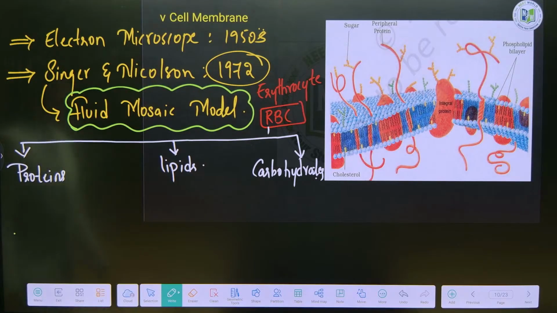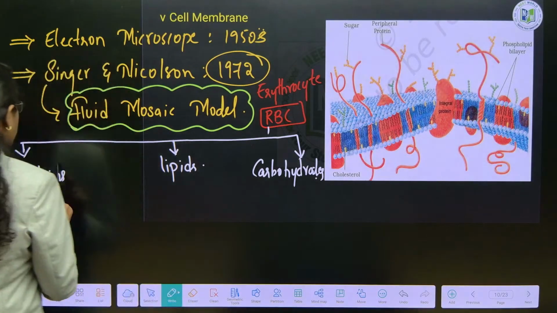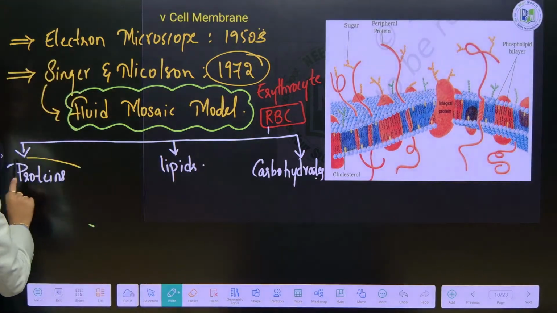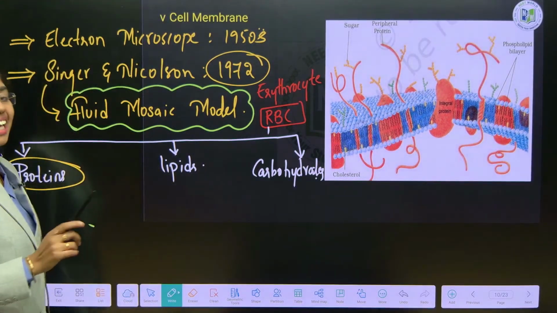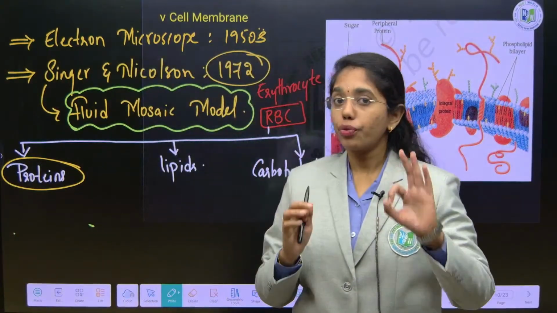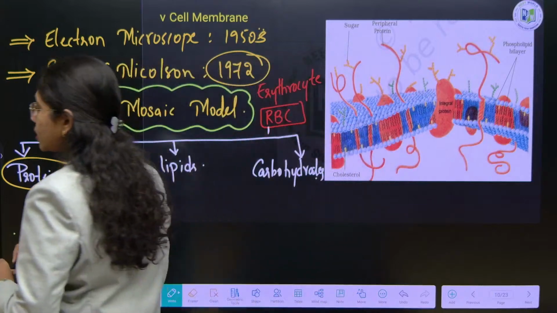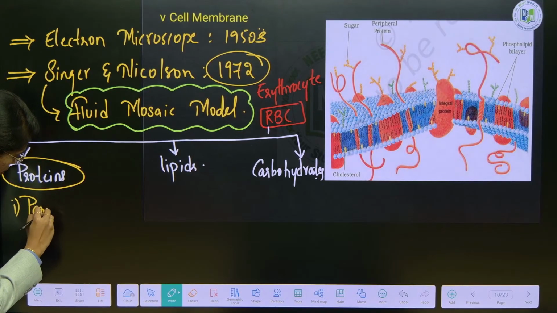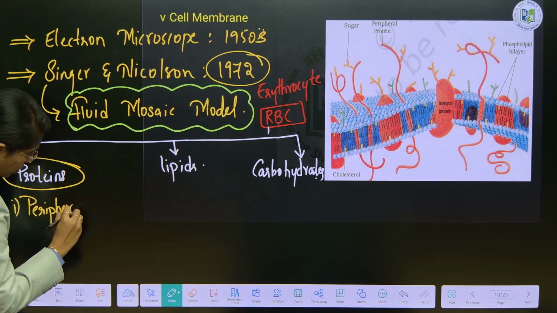See, here we go with proteins. Based on the ease of extraction of proteins from the cell membrane, we have three types of proteins. First is peripheral proteins.